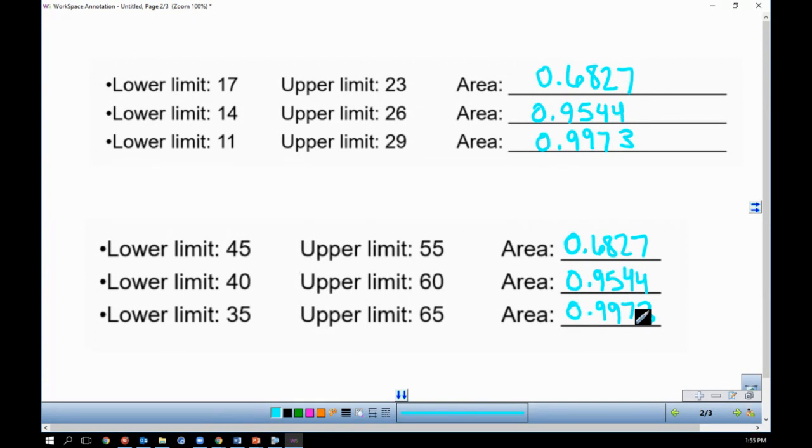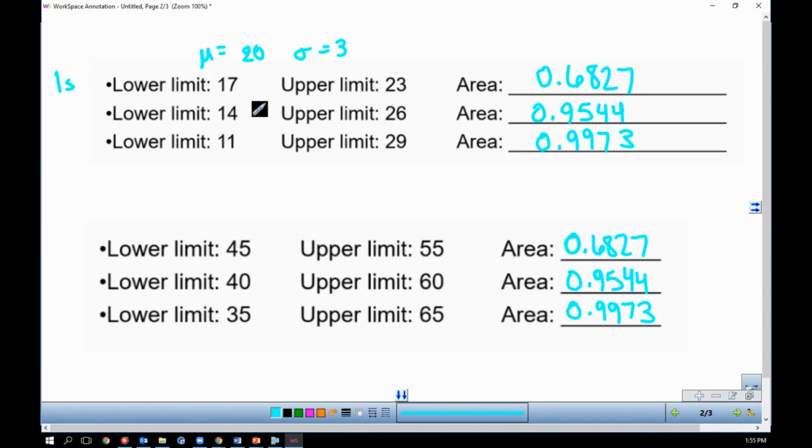Okay, what do we notice? In the first case the mean was 20. How many standard deviations were we on the first one away from 20? The mean was 20, standard deviation was 3. So how many were we away on this first one? 20 to 17 is how many? That's 1 standard deviation.